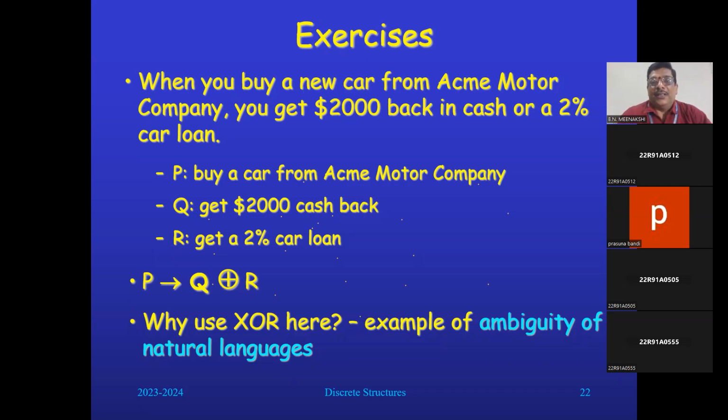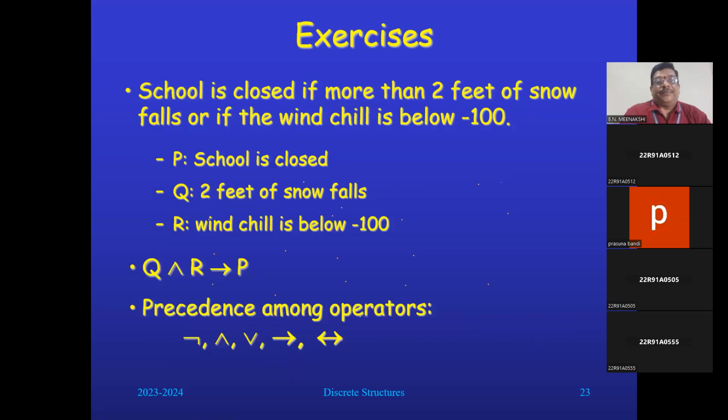So here they have given the statement you get $2,000 cash back or a 2% car loan. Nothing but P implies Q XOR R. Q XOR R means what, this is the next example.